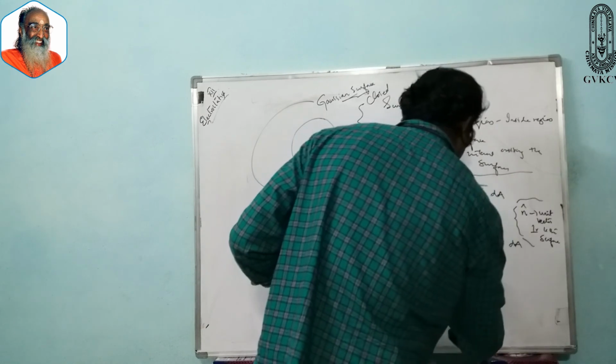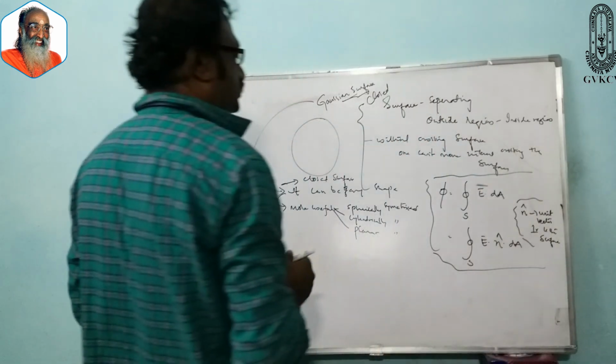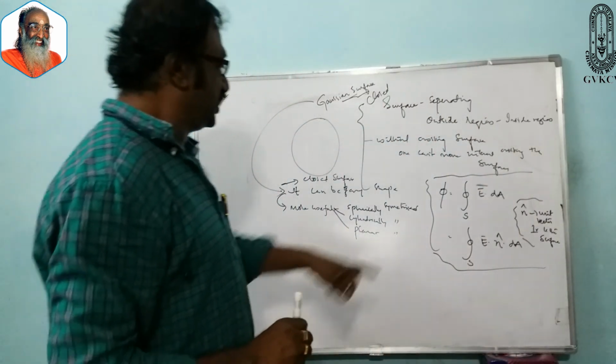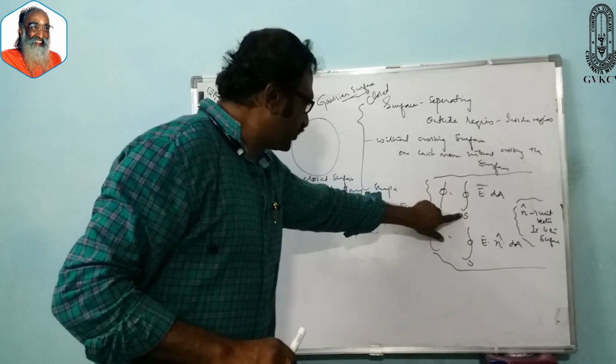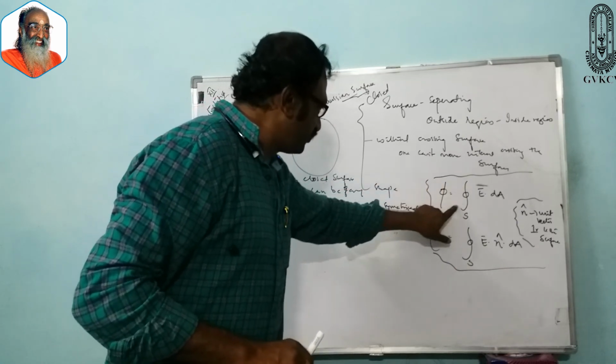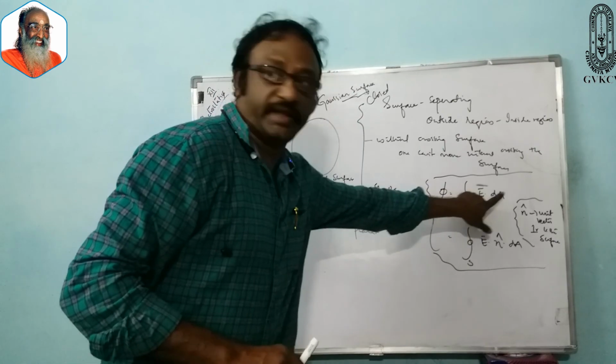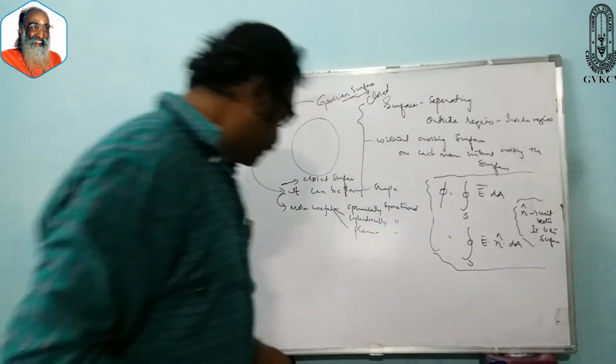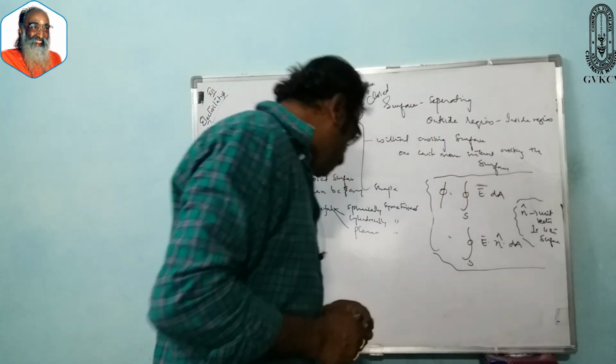So this is the formula we use for finding the electric flux for a closed surface: the integral over the closed surface of E dA.